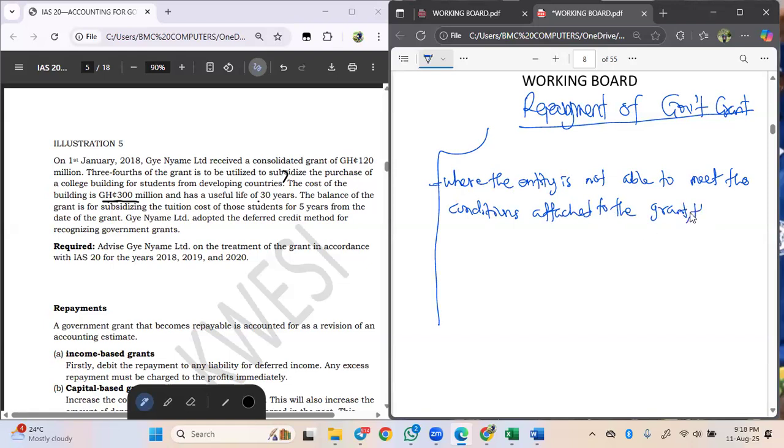The full amount of the grant received, or part of it, may become repayable.